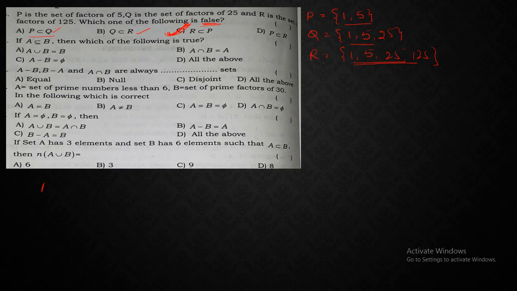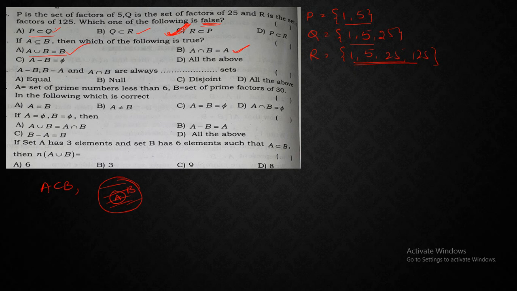A is a subset of B means the figure looks like this, right? This is A and this is B. If we take the union, then we are going to get the total part only, no? So this is the correct answer. A intersection B is equal to A. What is the common part for these two? So A intersection B is equal to A is also correct.